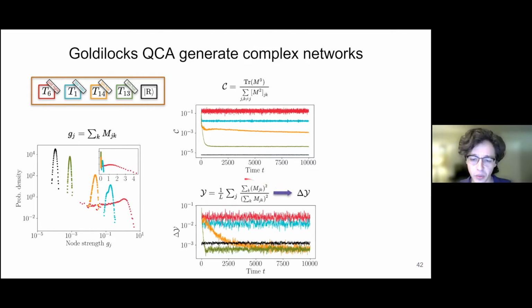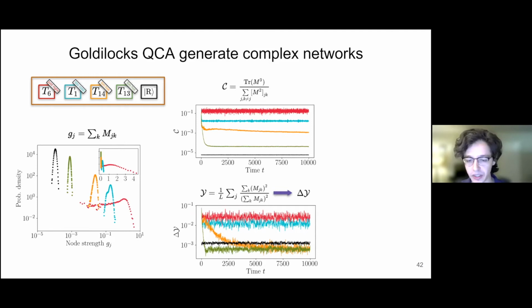For disparity, we compute disparity as a function of time for these QCA, but further we compute the fluctuations of disparity. The reason we're interested in this is that disparity, remember, quantifies the resemblance of the network to a backbone. And so fluctuations in disparity quantify network reconfigurations. That is, how much the network resembles a backbone at one time compared to how much it doesn't at the next time will result in large fluctuations of disparity, signaling lots of network reconfigurations, showing that there's some sort of complex network dynamics going on.